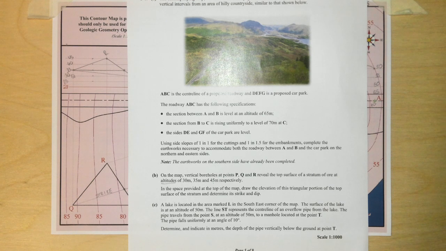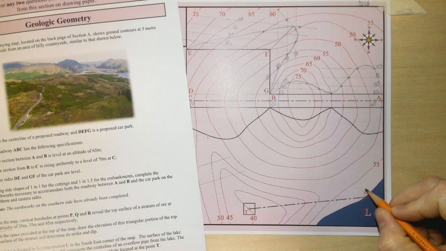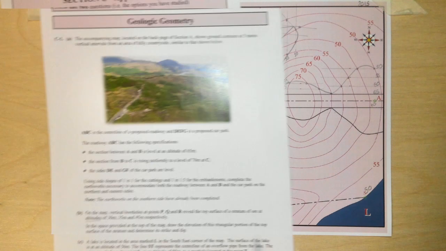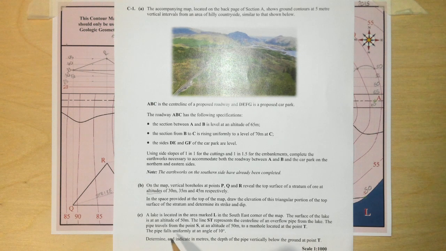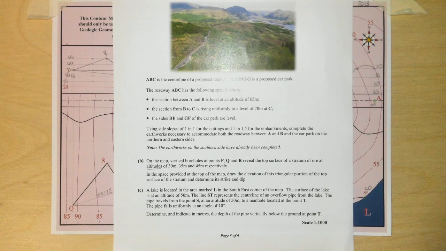The pipe travels from the point S at an altitude of 50 meters to a manhole located at the point T. Okay, so S is at 50 meters there, and it travels along to the manhole at T. The pipe falls uniformly at an angle of 10 degrees. Determine and indicate in meters the depth of the pipe vertically below the ground at point T.